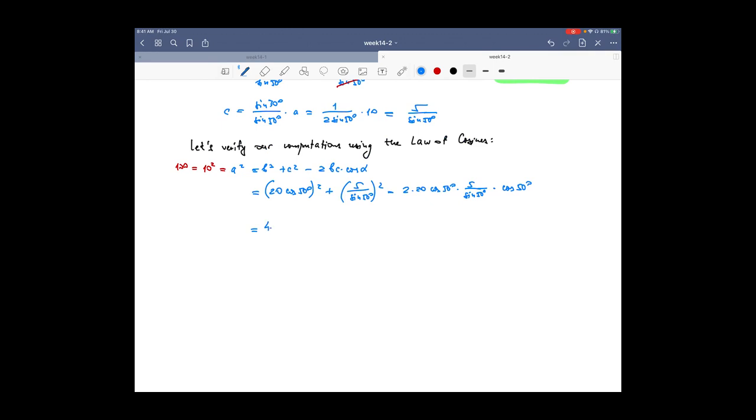So we get 400 cosine squared 50 degrees plus 25 over sine squared 50 degrees minus 2 times 5 is 10 times 20, 200 cosine squared of 50 degrees over sine of 50 degrees.